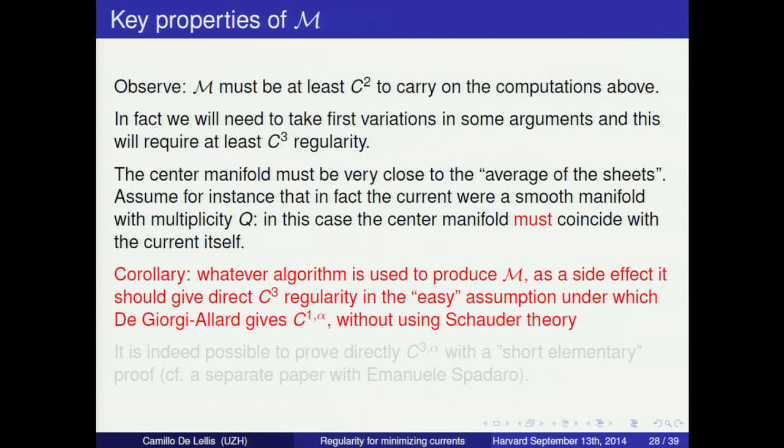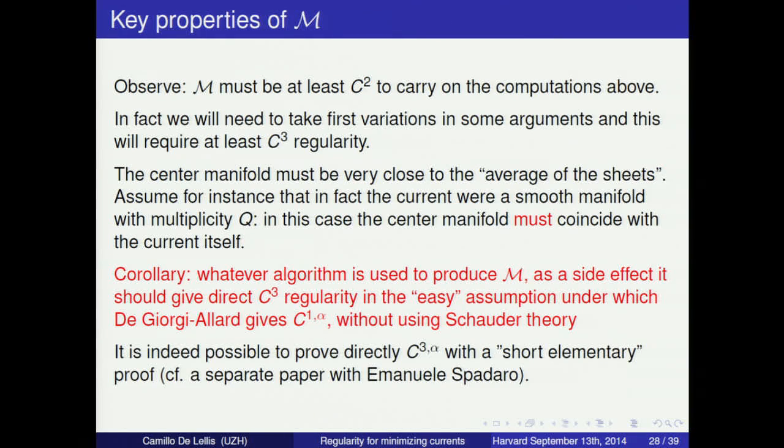OK, so this was actually noticed by Almgren. I mean, Almgren says the following in the introduction. Go to the end of chapter 4, which is almost 9/10 of the book. You will discover the following funny thing: I can prove directly C3 alpha regularity for a minimal surface without passing through Schauder estimates, out of elementary arguments.